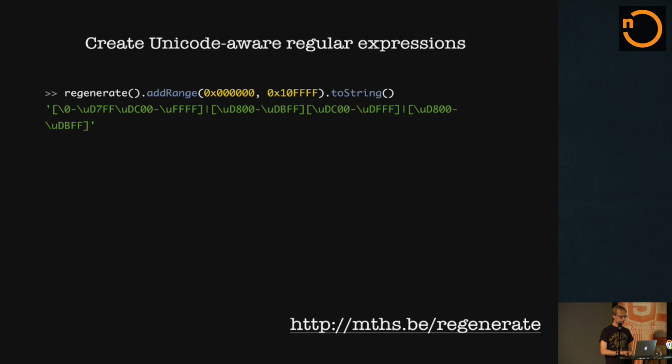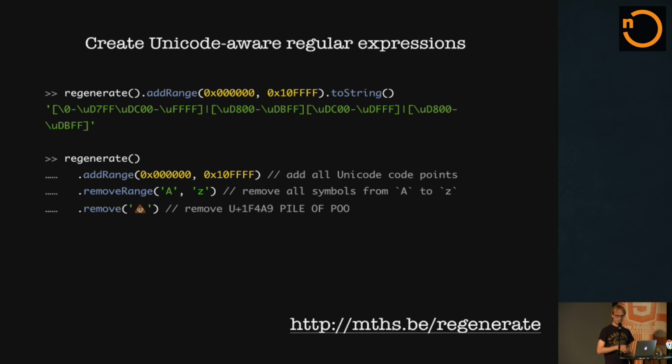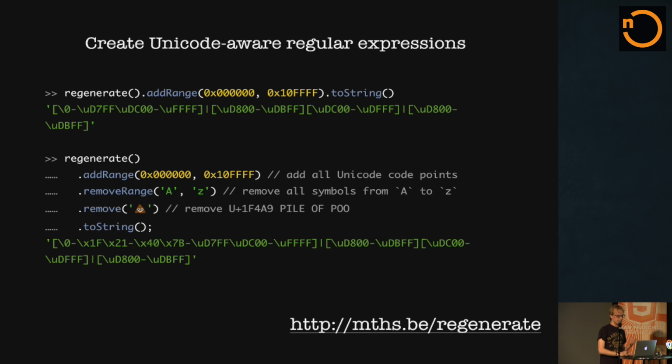Now, another slightly more advanced example would be to create a new Regenerate instance, add all the possible Unicode code points, and then remove a range of symbols, in this case all symbols from A to Z, then remove a single symbol, in this case the pile of poo, and then create a regular expression that matches all those characters in the set. And then it would look something like this. So again, this is not the type of regular expression that I would like to write by hand, let alone debug.